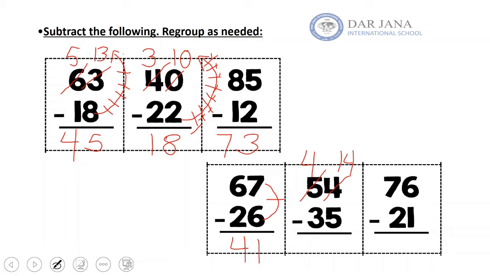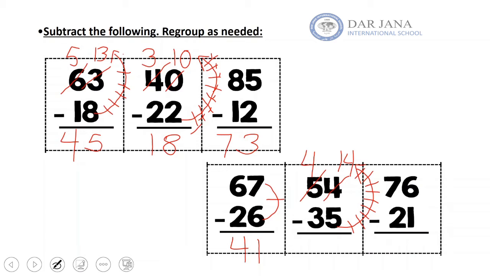Now, 14 minus 5. How do I do it? You can count from 5 till 14. 5, 6, 7, 8, 9, 10, 11, 12, 13, 14. How many did you draw?